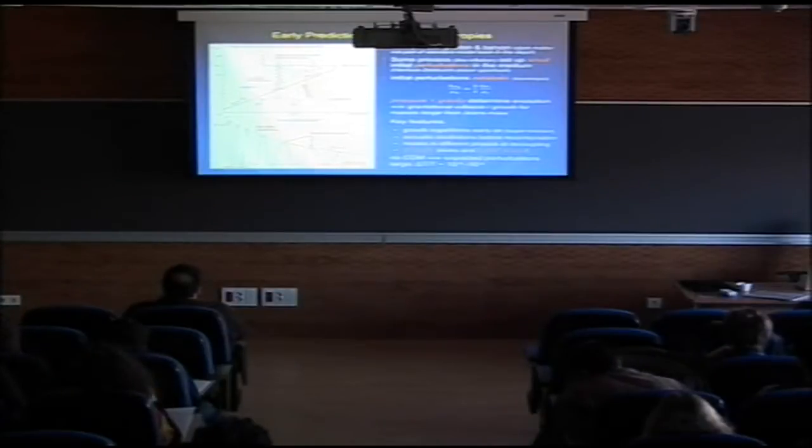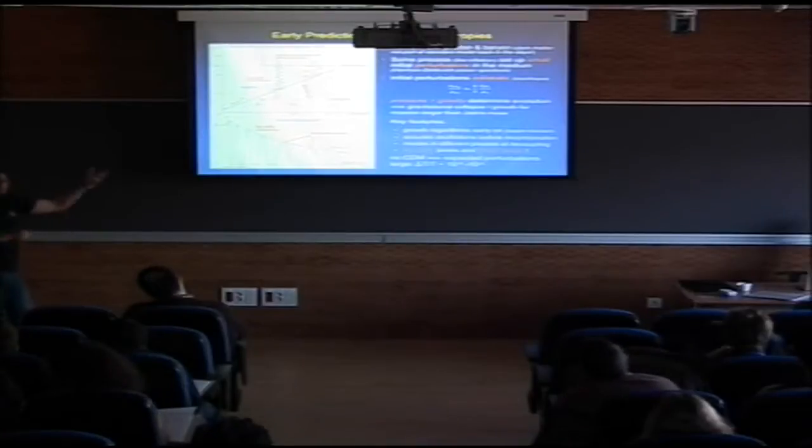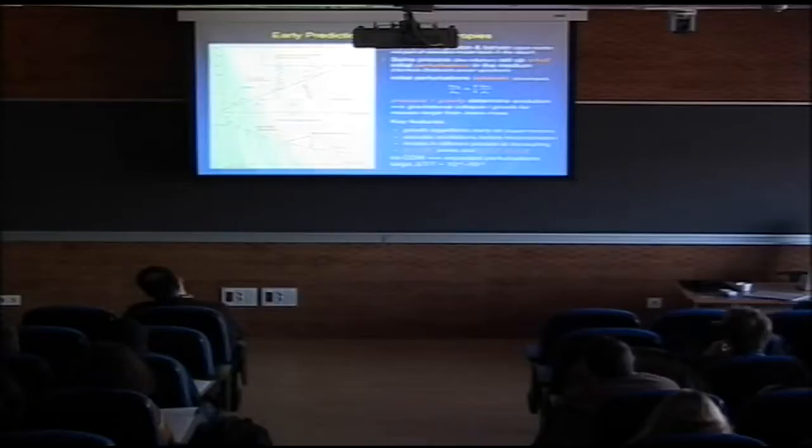What is interesting, already in this picture, is that all of these modes start in the same kind of phase when they enter the horizon, but they oscillate a different number of times because of their different wavelengths, and then at recombination they are in different phases.